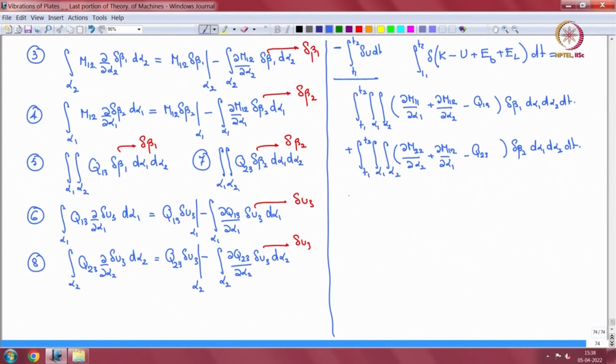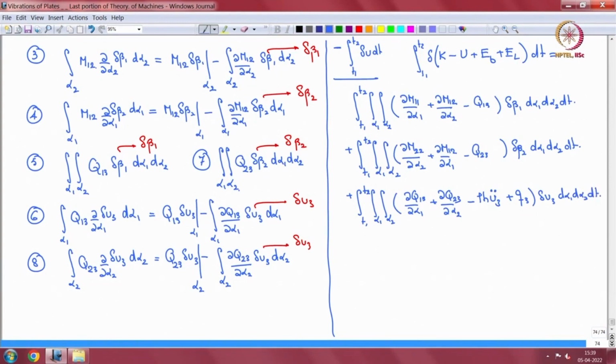And lastly, what do we get? Plus integral t1 to t2 alpha 1 alpha 2 of del q13 by del alpha 1 plus del q23 by del alpha 2. The kinetic energy term came with a negative rho h u3 double dot plus a q3, delta u3 d alpha 1 d alpha 2 dt.